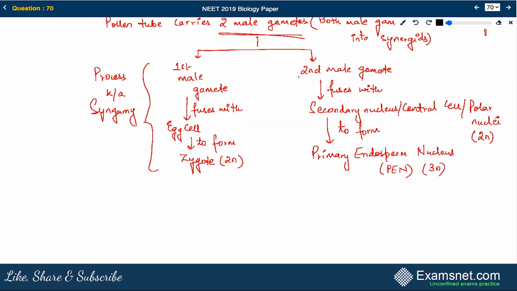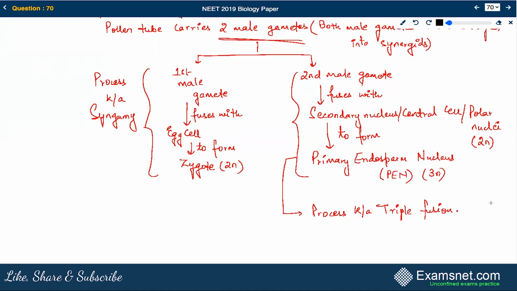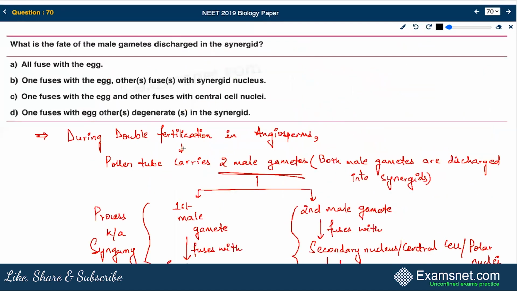All right. And this entire process is known as triple fusion.